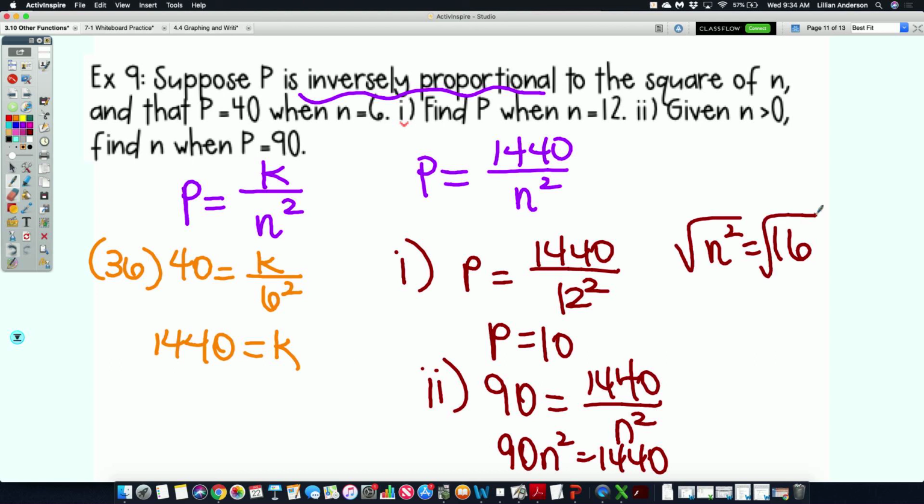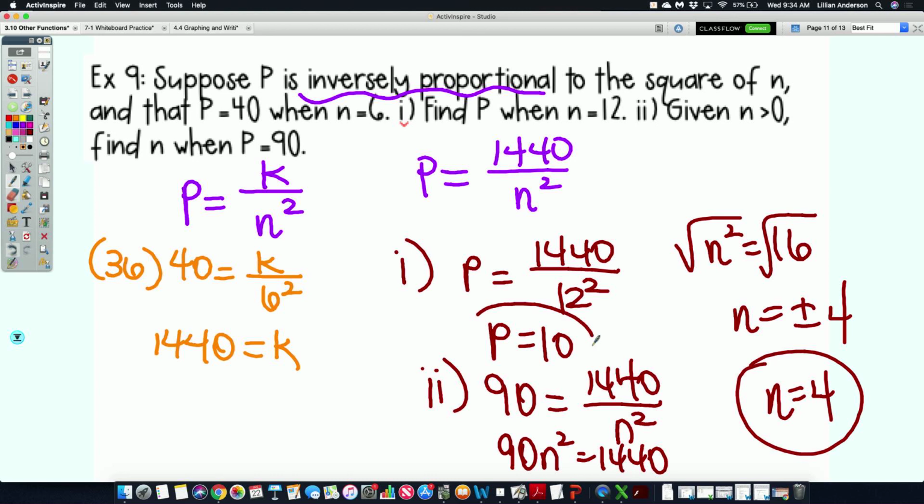Make sure we take the plus or minus, plus or minus 4, but we look specifically at the problem, n has to be greater than 0. So it's positive. Okay? So make sure that you're using those general formulas of y equals k over x for inverse variation and y equals kx for direct variation.